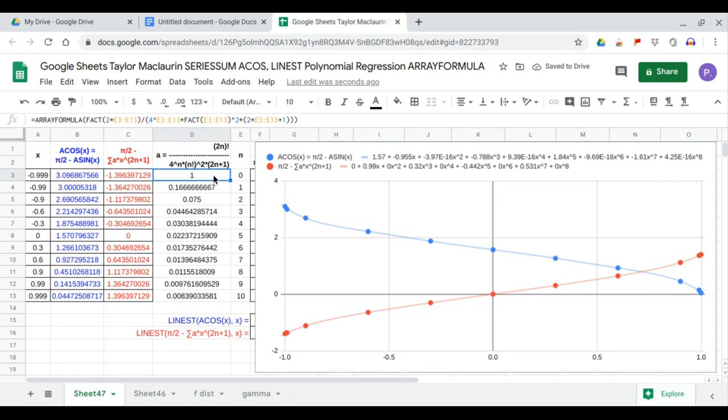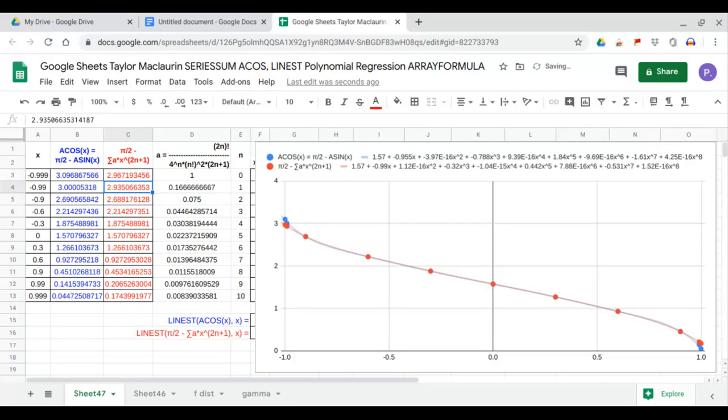Now that we have completed the coefficient, now go back to the expression of the series sum. We factor in pi over 2. So minus pi over 2. Now they're all in the same line.